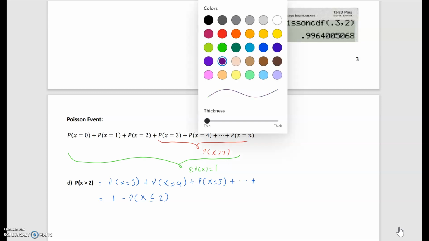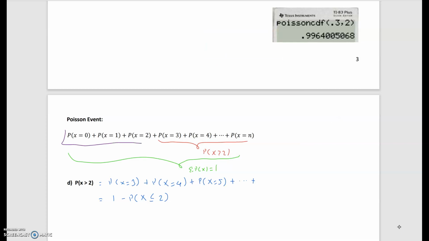So if you subtract from 1 all of these, you're going to get the rest, which is 3, 4, 5, what the event is actually using. As I mentioned, it's a little bit confusing because if you were to subtract technically from 1 the purple ones, which is less than or equal to 2, that's going to give us what we're looking for.